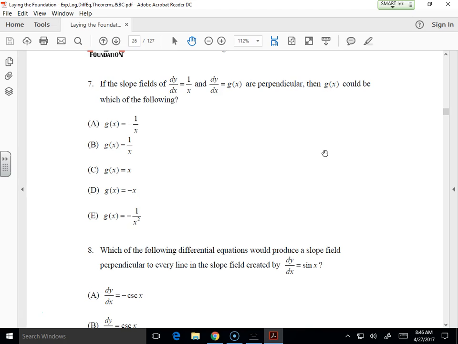Negative reciprocal. Their slopes are negative reciprocals. So first of all, couldn't have that one, right? This one's negative. That's not it. That's positive reciprocal. That one is negative.